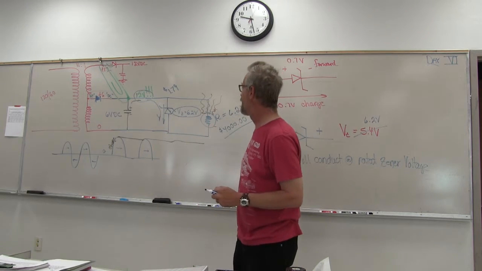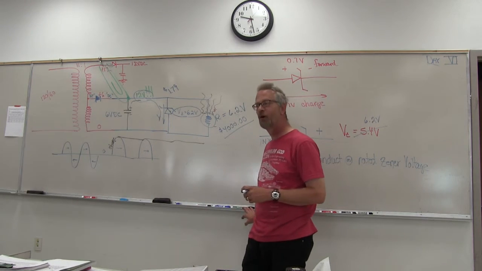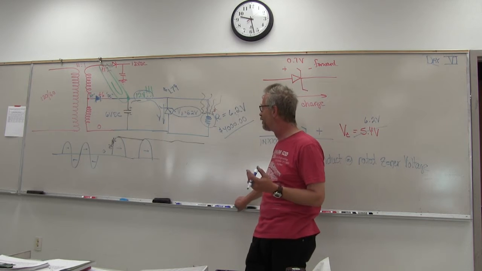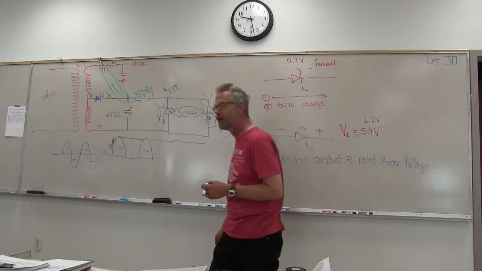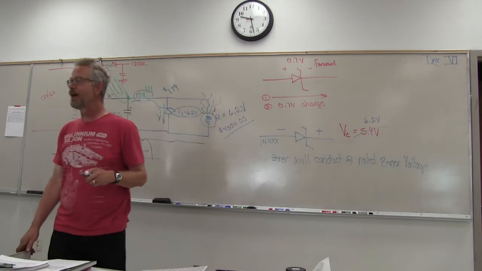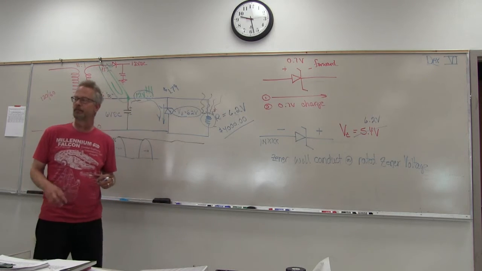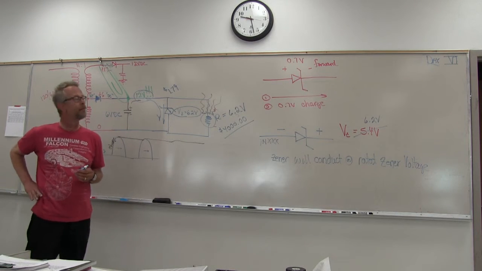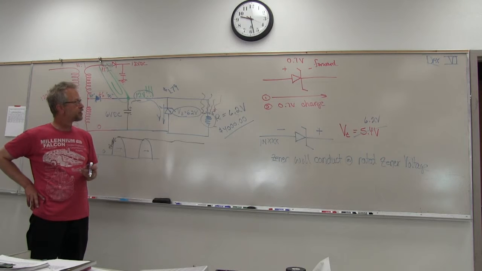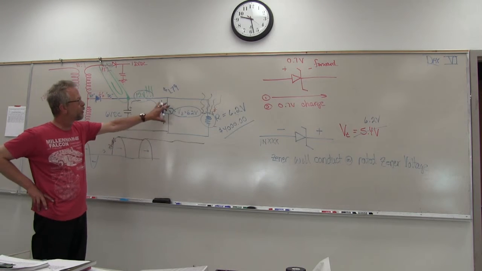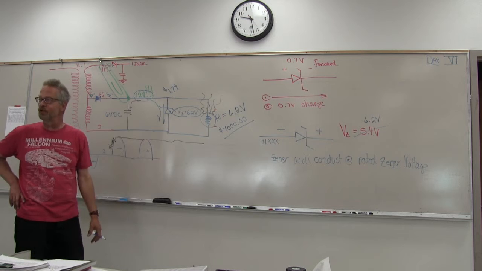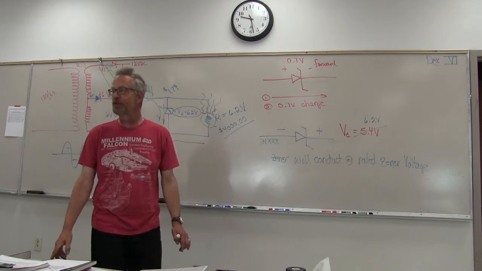They come in a wide variety, 6.2, 5.4, there's a number of different ones available. Not every voltage is available, but you generally don't need every voltage. So that's when the floodgates open. It's when they hit 6.2. As soon as it goes above 6.2, it will conduct what it needs to conduct in order to keep it at 6.2.